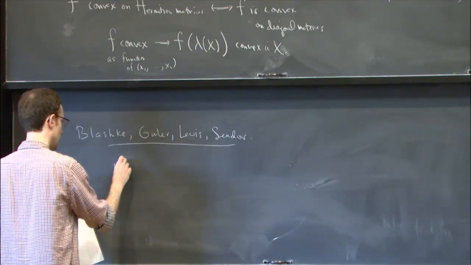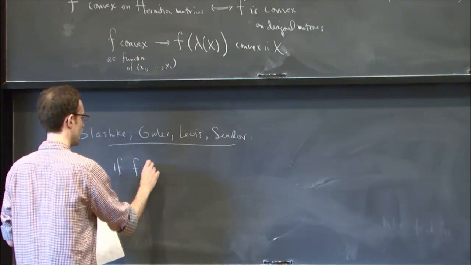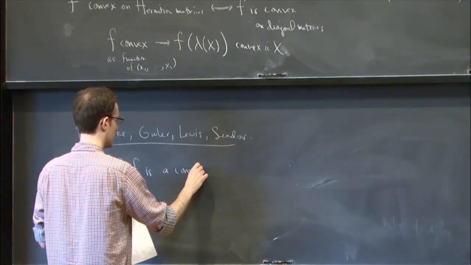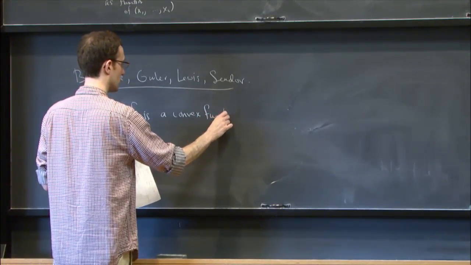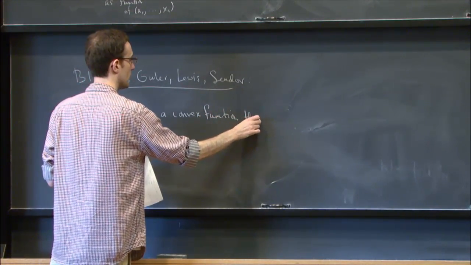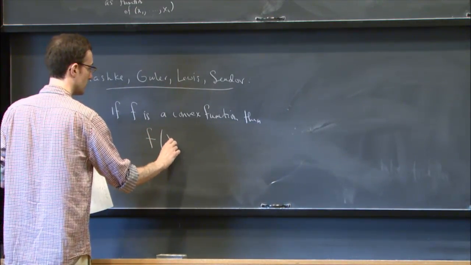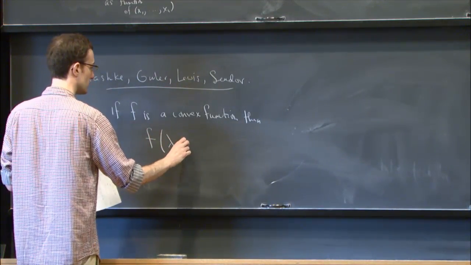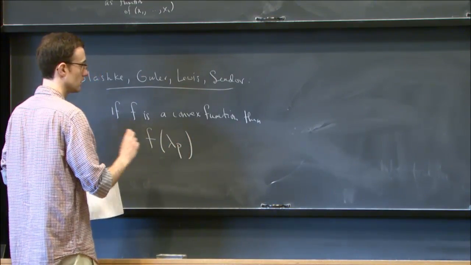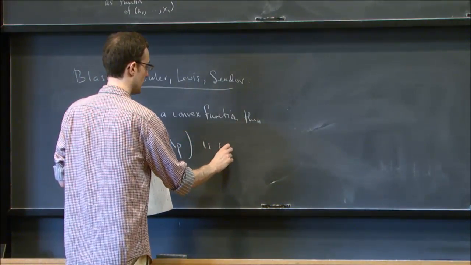So if f is a convex function, then f of lambda p is convex.